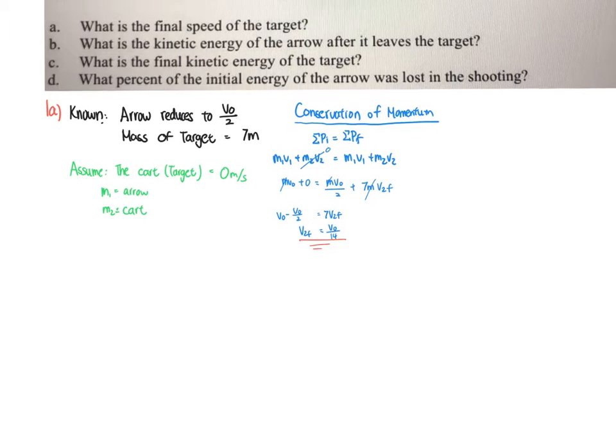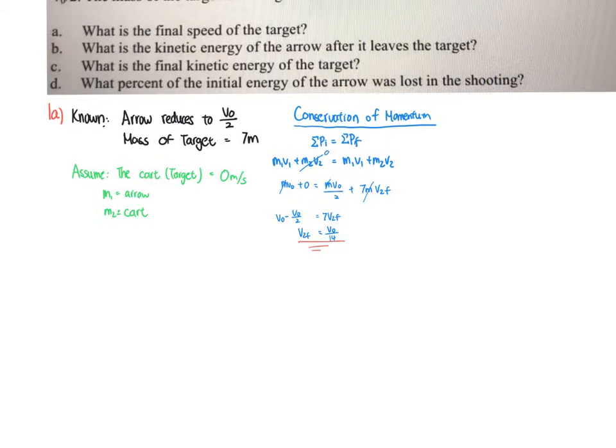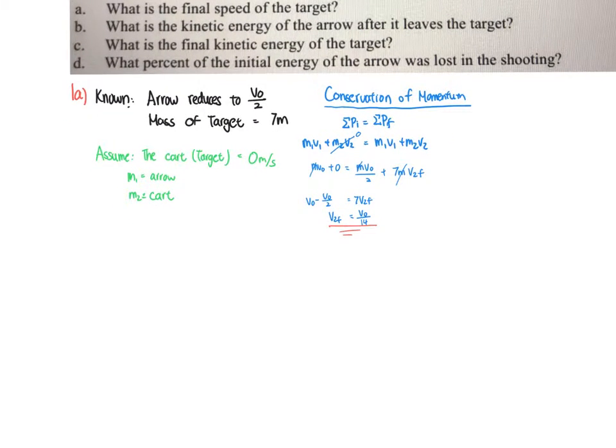Now let's go to 1b. It asks, what is the kinetic energy of the arrow after it leaves the target? Let's go with b, kinetic energy. The formula for kinetic energy is 1/2 m v squared.